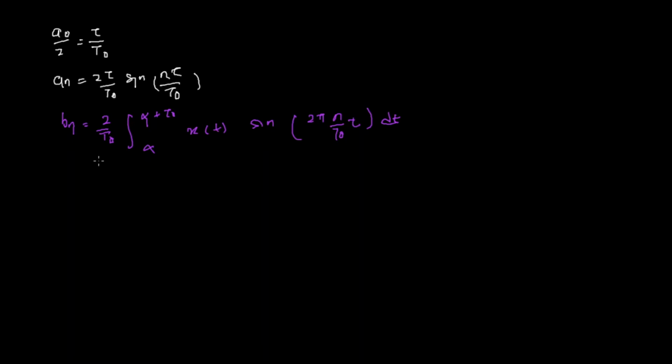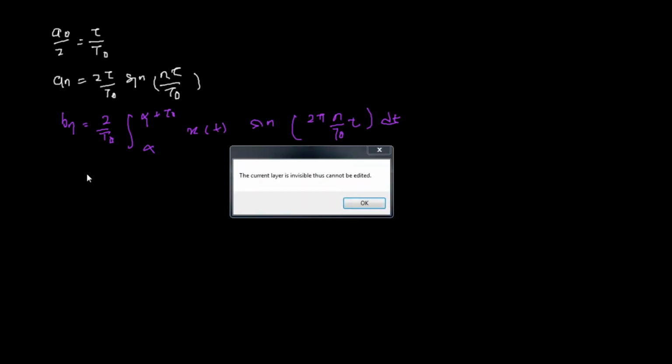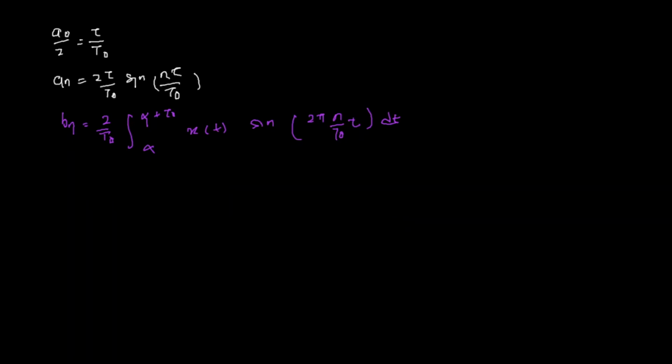Here you're going to get the same thing, from negative tau over 2 to tau over 2, and we know the signal is 1, and this is sine 2 pi n over t0 times t, no changes here.